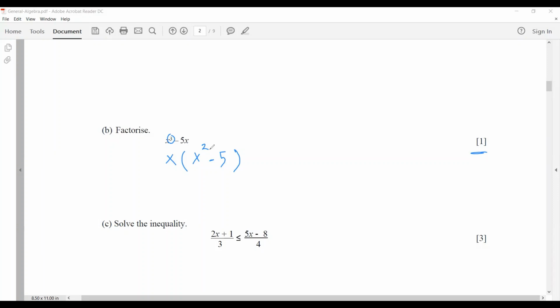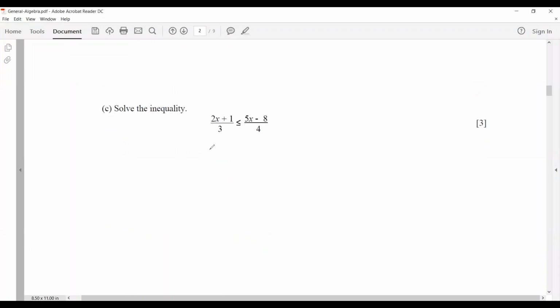That's the answer. Part C of this question is solving an inequality, and we have a fraction. So if you have a fraction, you have to get rid of the fractions. We don't want a fraction here, guys. So get rid of the denominators.